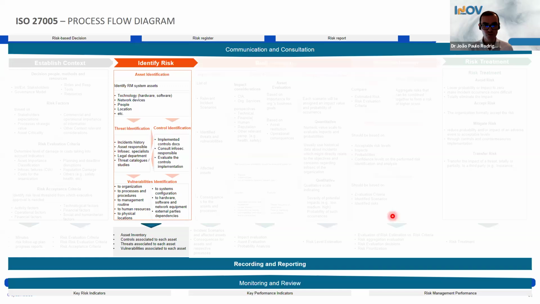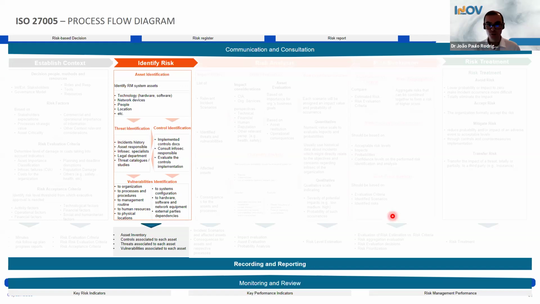We go to incident history, which we already saw, catalogs, etc., and expert opinion. We have to identify the implemented controls. There might be some already implemented. We need to see the documentation of the controls, the tests that were performed, and talk to the information security professionals that implemented it.